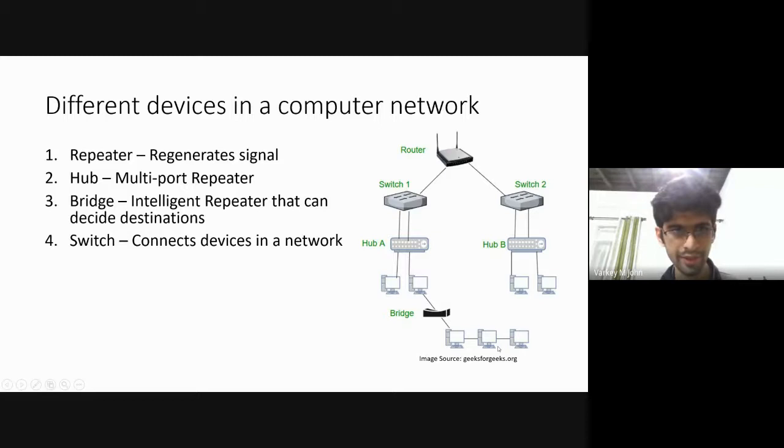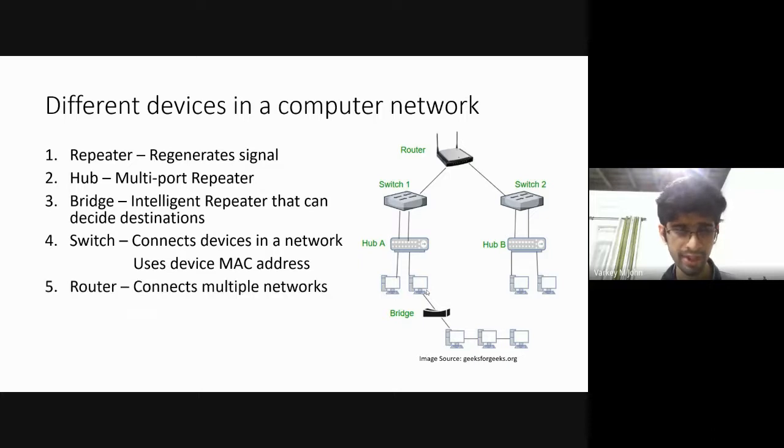Then we have the switches, which connect multiple devices in a single network. A switch uses a device's MAC address to send data between the devices. Then we have the router, which connects multiple networks together using a device's IP address.